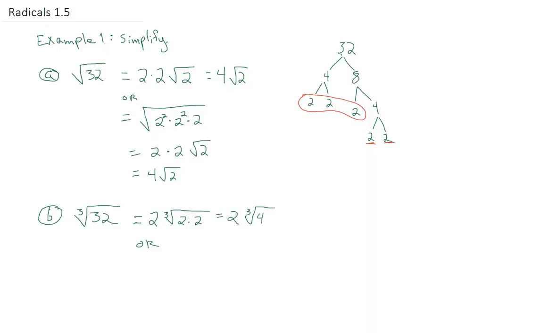All right, I'm going to show this one the other way too in case you like that way of showing it better. So basically my group of 3 2s up there that I put a circle around, those represent 2 to the third. And we're still under the radical. So we have the cube root of 2 to the third. So that's the stuff that's in the circle, and then we still have these other 2 2s.